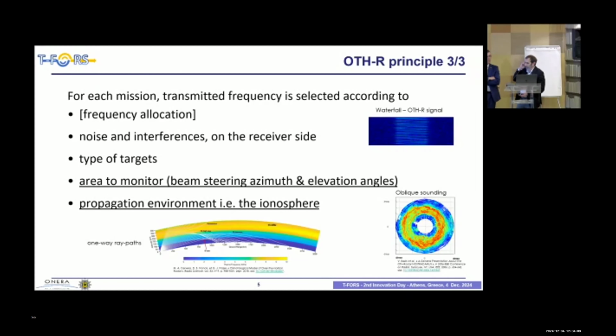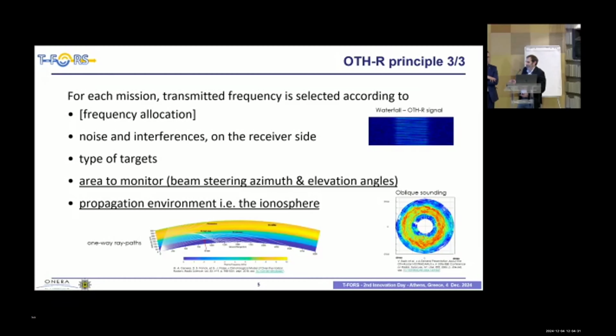So in the case of Nostradamus, we have to analyze what the environment is, and for all the applications, especially for bistatic applications, we do the same at the receiver node locations. We can also adjust the frequency to cope with specific targets.